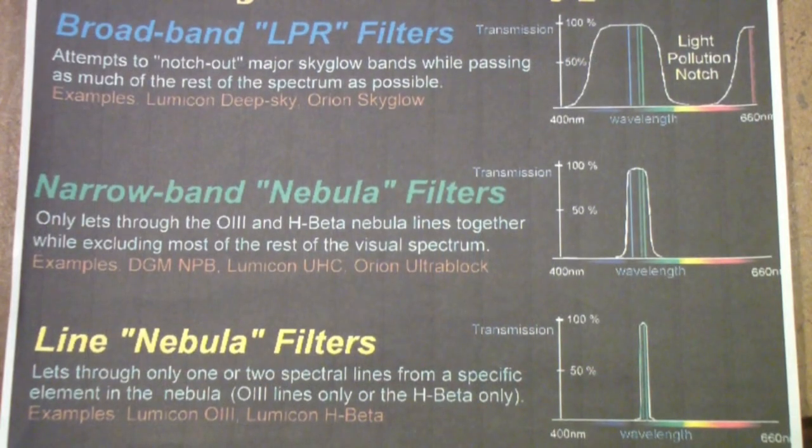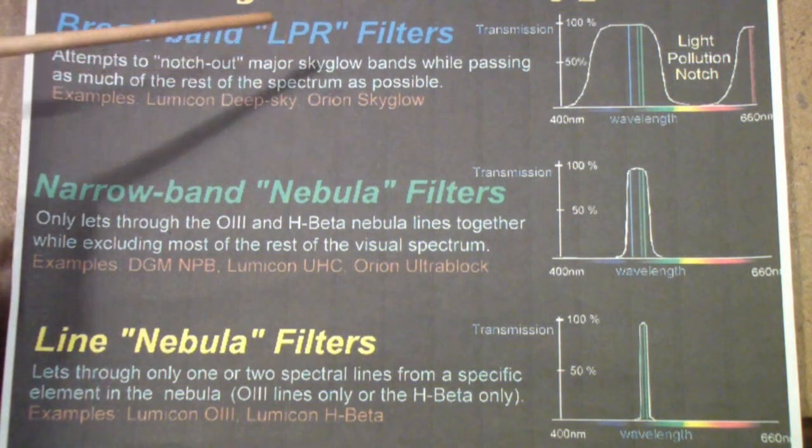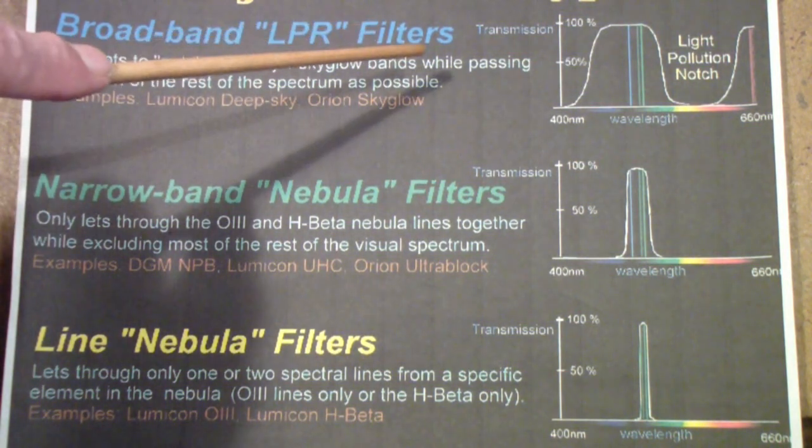And this has led to the development of filters. And generally, the filters that are intended to reduce light pollution fall into three categories. The first is the so-called LPR filters, or light pollution reduction filters.